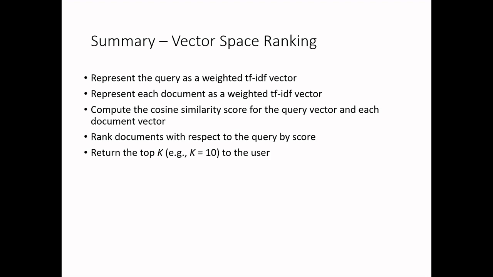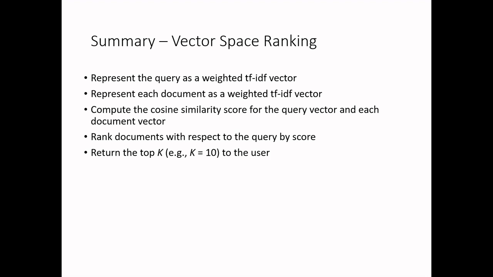Because in the Boolean model, we basically only got two answers. Either it was true or it was false. But now we have a range of similarity values in the interval of 0 to 1 that will be coming out as a result of measuring similarities between different pairs of documents.